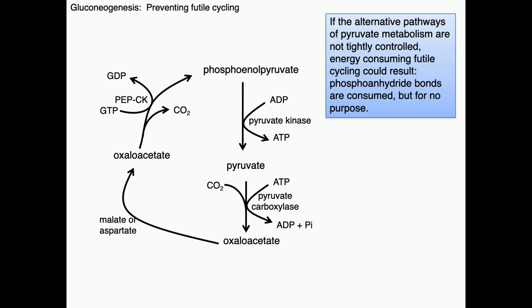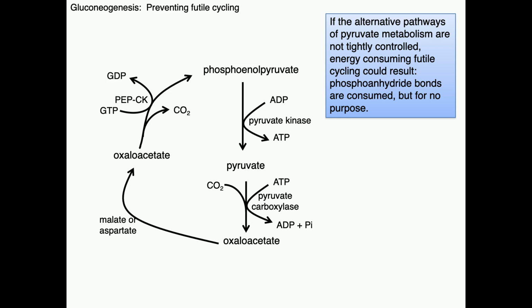So if we went through this cycle, we wouldn't be making anything. We'd have a molecule of phosphoenolpyruvate here that would be the same molecule of phosphoenolpyruvate, right? But we would be hydrolyzing high-energy phosphate bonds. Because this ATP has got to come from someplace, right? So we've got an ATP here and a GTP there. We're only making one ATP here. So every time we did this trip around, we would be hydrolyzing an ATP, and we wouldn't have made anything, right?